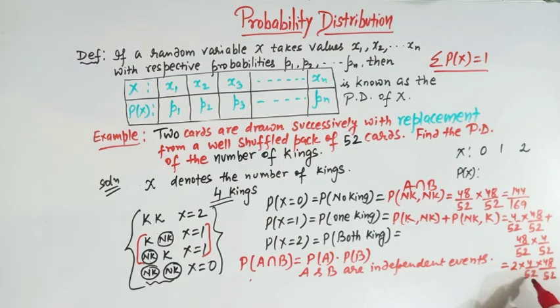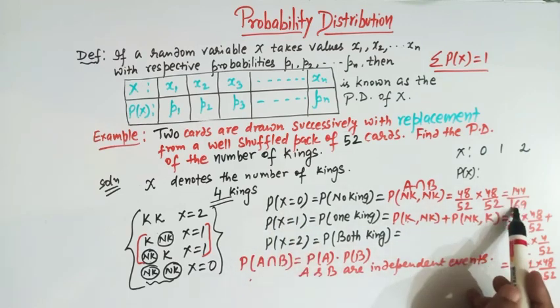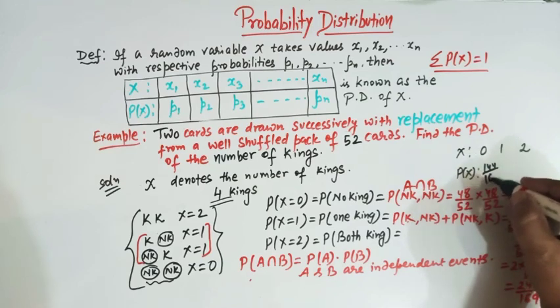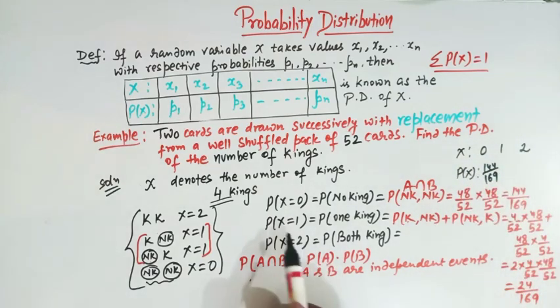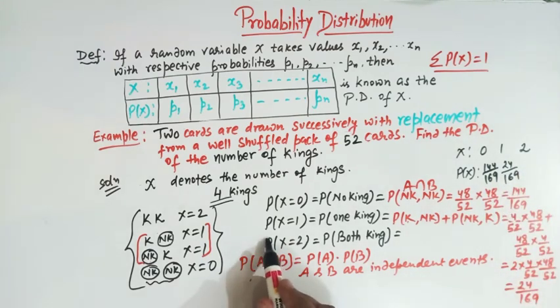And if we calculate it, we get 24 divided by 169. So for P(x = 0) we have 144 over 169, and for P(x = 1) we can write 24 divided by 169.